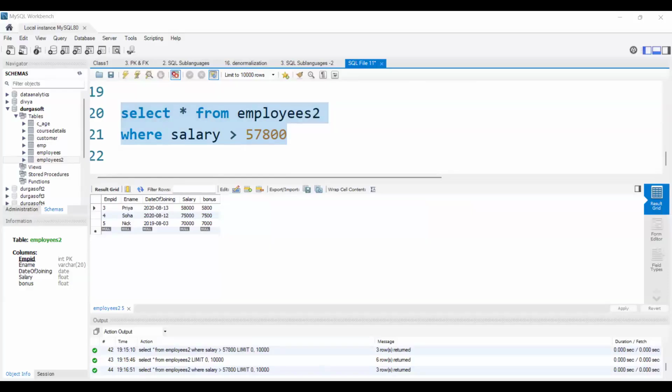Whenever new employees join or the data changes, the average will also change. So if we write it like this, whatever output we get will become wrong. So we need to write the query in a dynamic way.